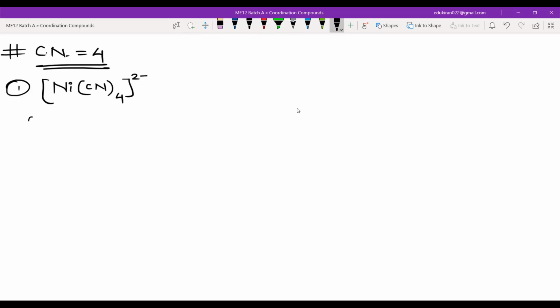So the first thing that you have to do is give me the oxidation state of nickel. Give me the oxidation state of nickel. Yes, Amalya, very correct.